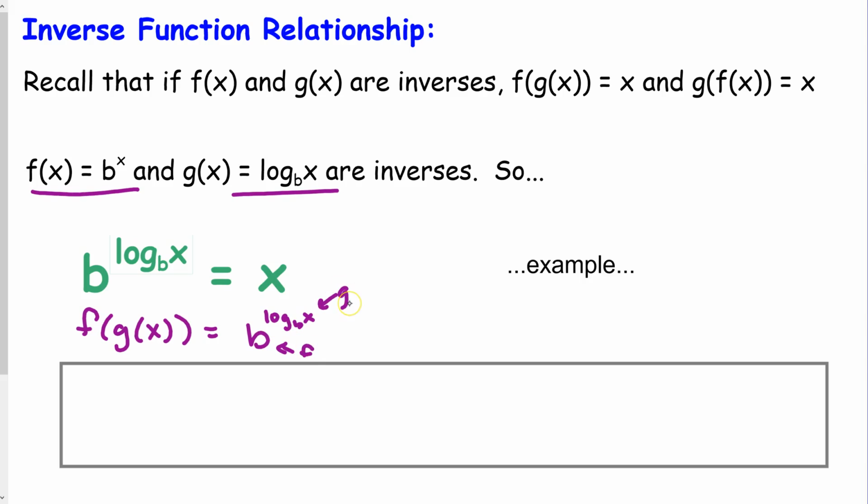That was f. An example where you might see this played out is expressions like this. Suppose we have 3 raised to the log base 3 of 9. Well, when you see the base 3 and the log base 3, you realize you have inverse functions, one inside the other. They're going to cancel each other, leaving you with just 9.